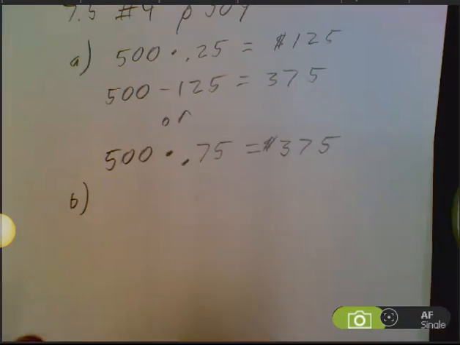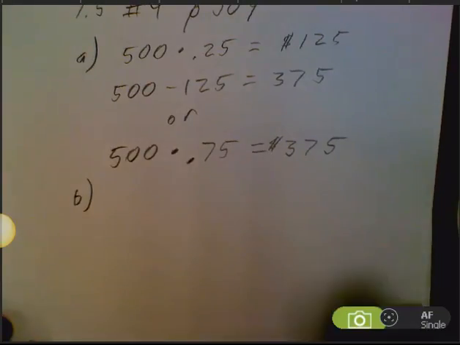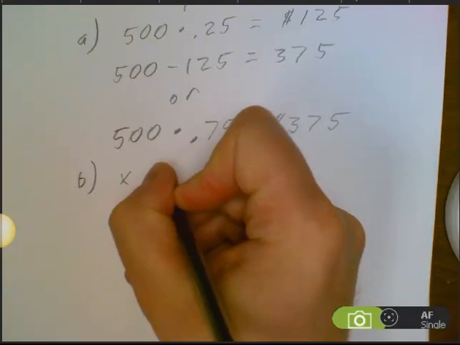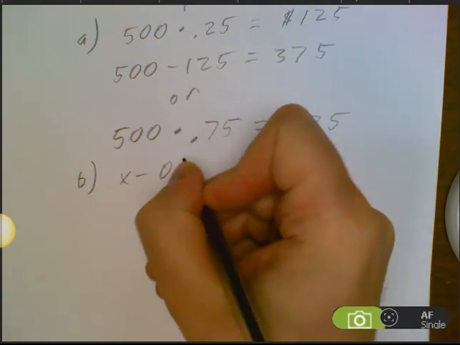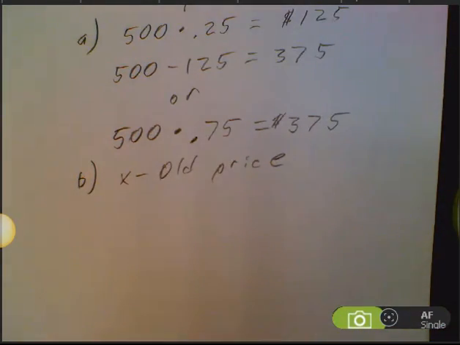Now part B is a little trickier. Last week the store raised the price of a television by 25%. The new price is $500. So here we need to set up an equation. Let X be the old price, because that's what we're trying to find.